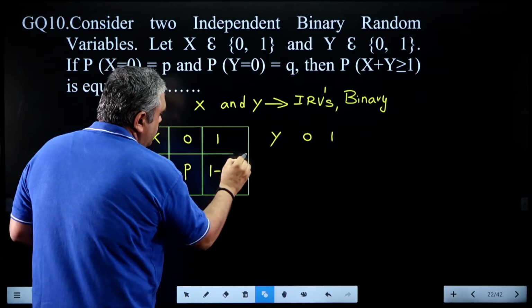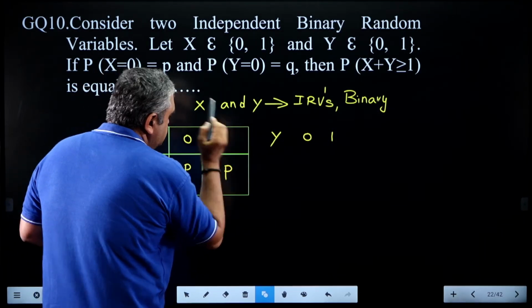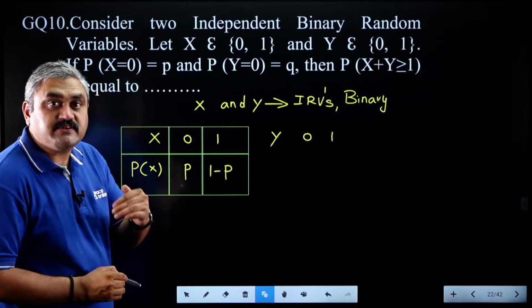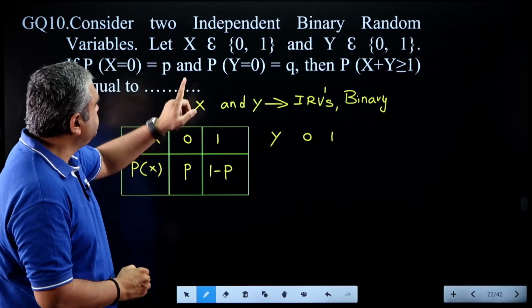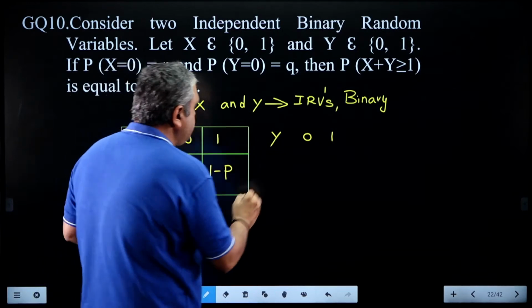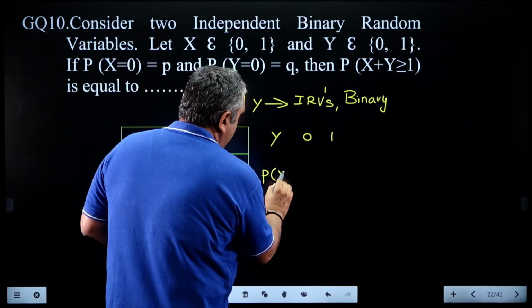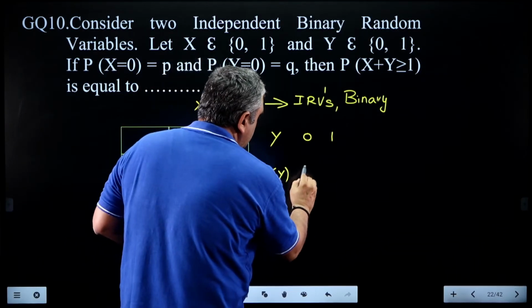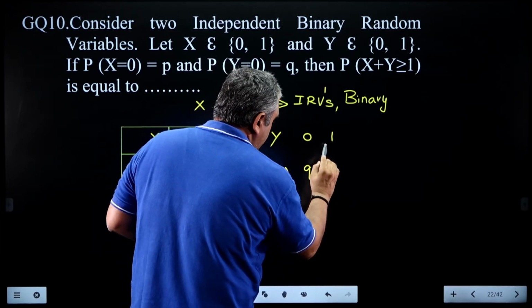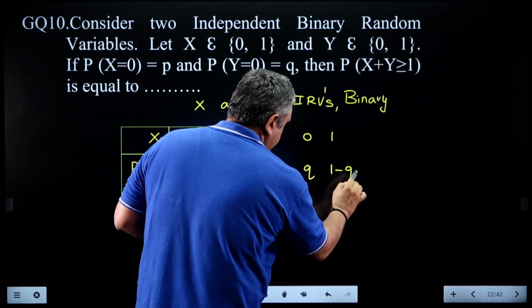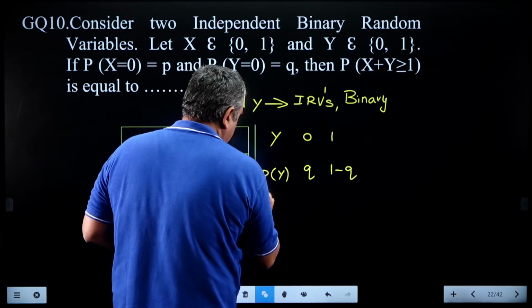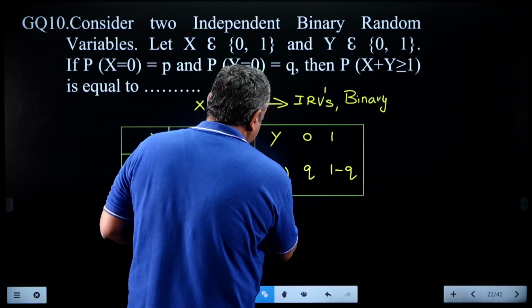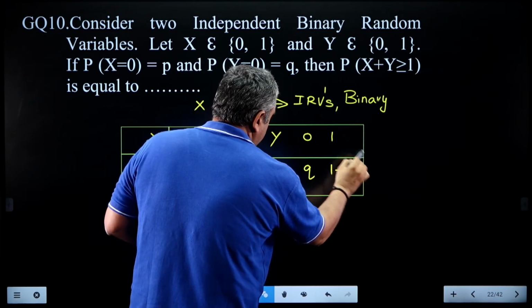Especially this topic, it will test your skill set, how you are understanding the subject. Next, what is he saying? Probability of y equal to 0 means what? P of y at y equal to 0 is q. So the value of probability of y at y equal to 1 will become 1 minus q. Finish. Is it clear or not?